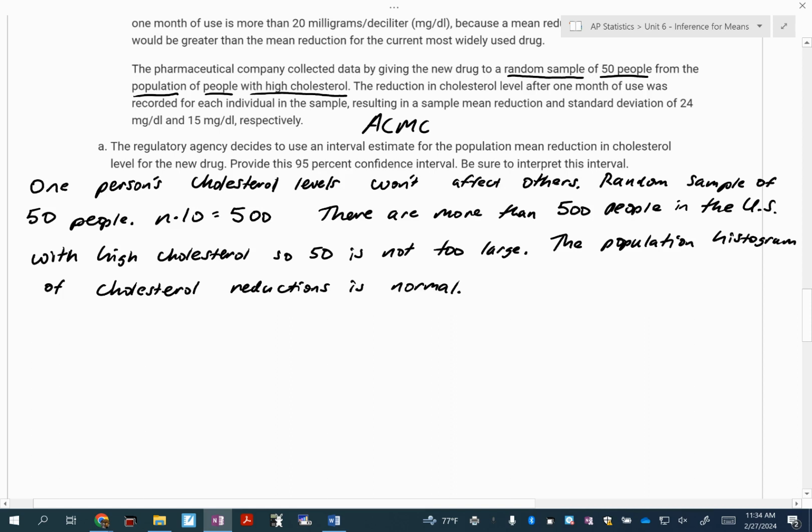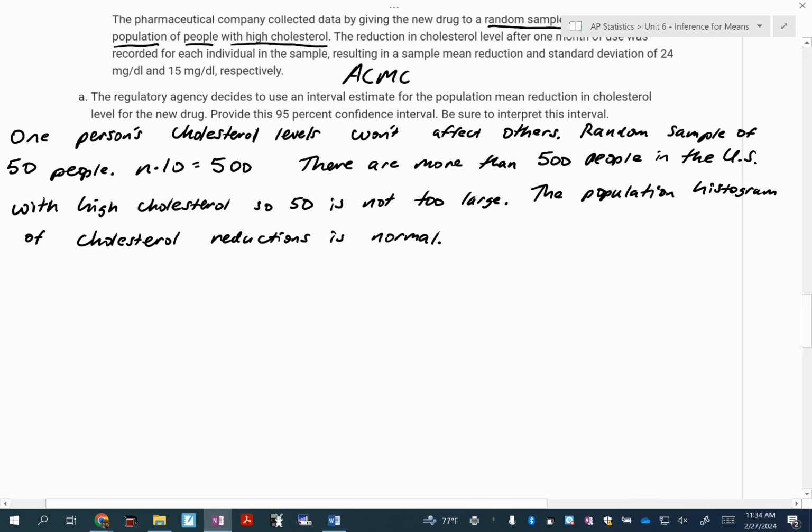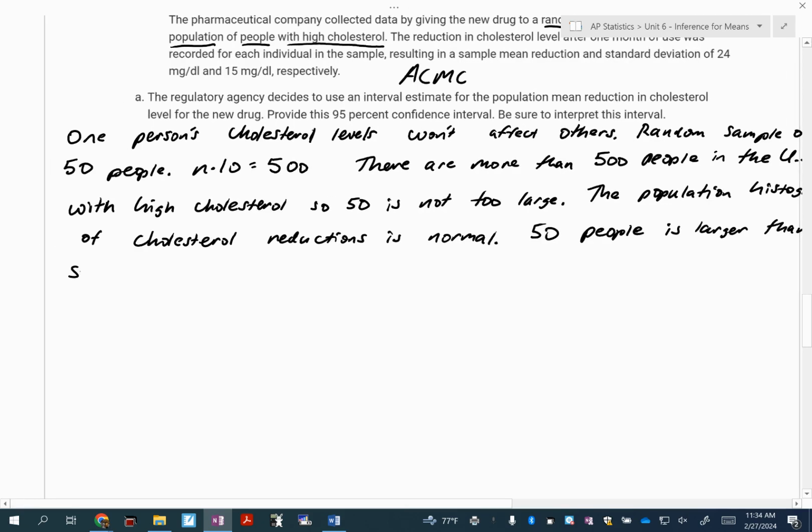Now, they don't give me the 50 data values in terms of the reduction in cholesterol level with this sample, so I'm not able to make a histogram to check this. So I am going to mention, though, that 50 people is larger than 30. So 50 is a large enough sample.